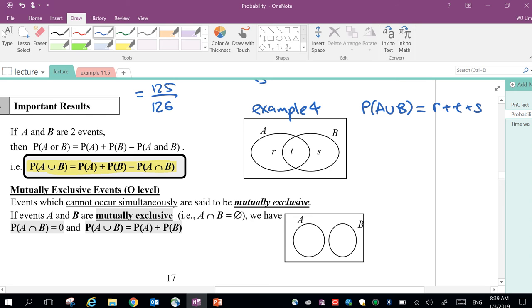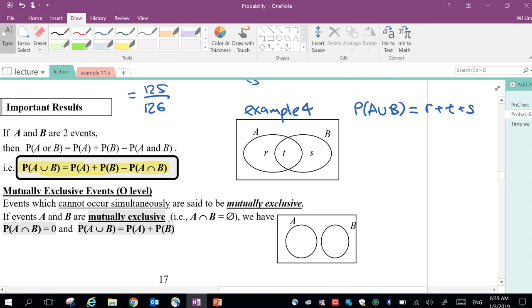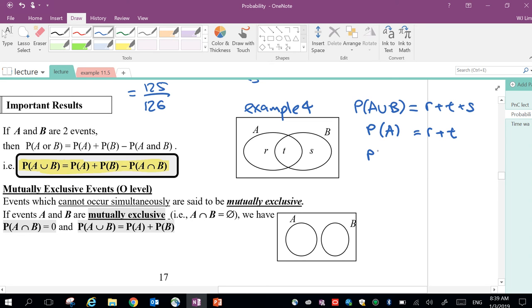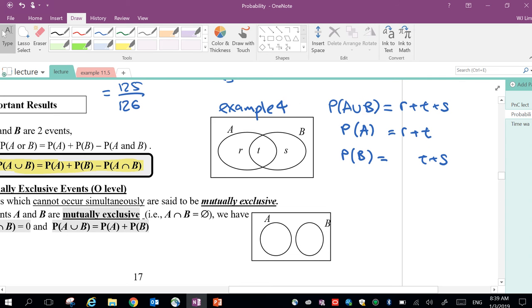Either A not B, A and B, or B without A. Whereas probability A is R plus T, probability B is T plus S, and probability A intersect B is T.